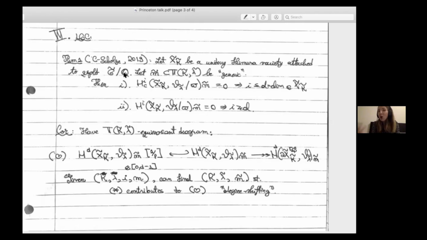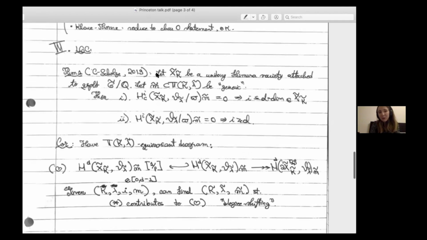So this is going to be a non-compact unitary Shimura variety. And then you want to take a system of Hecke eigenvalues that occurs in the cohomology of this non-compact Shimura variety, and that satisfies a genericity condition at an auxiliary prime that is not p. So some arbitrary auxiliary prime.